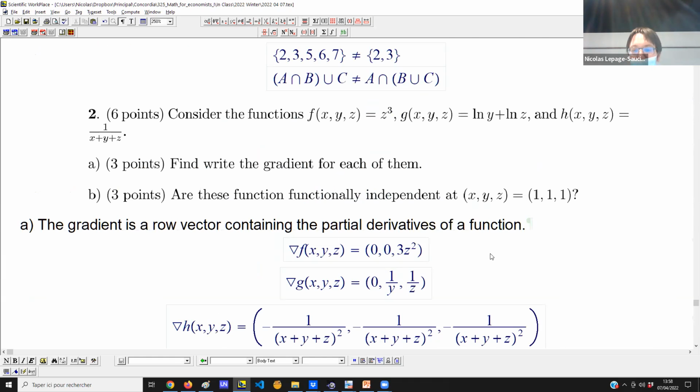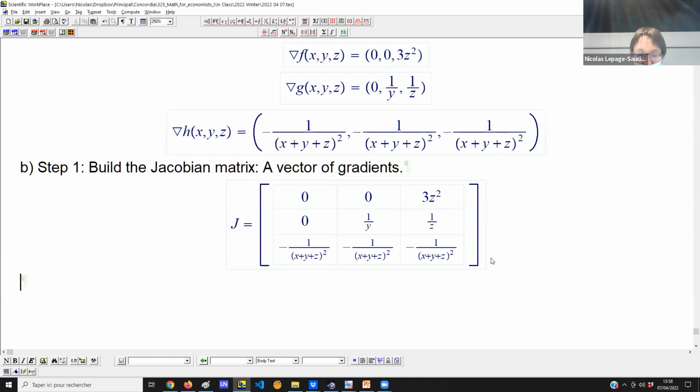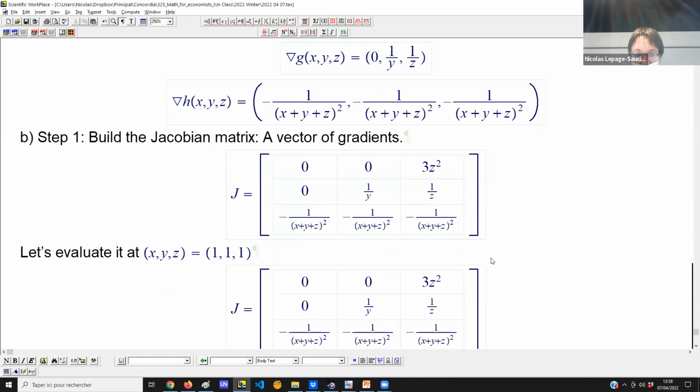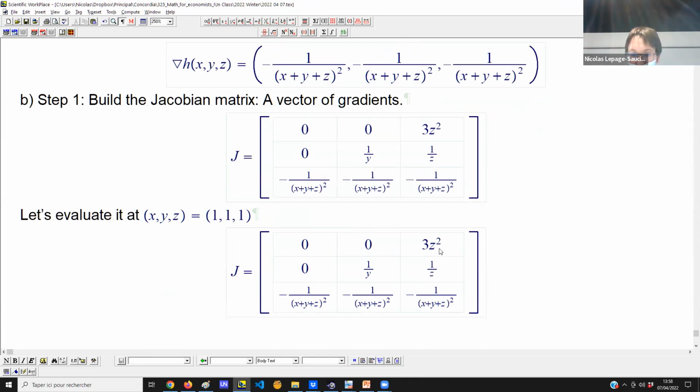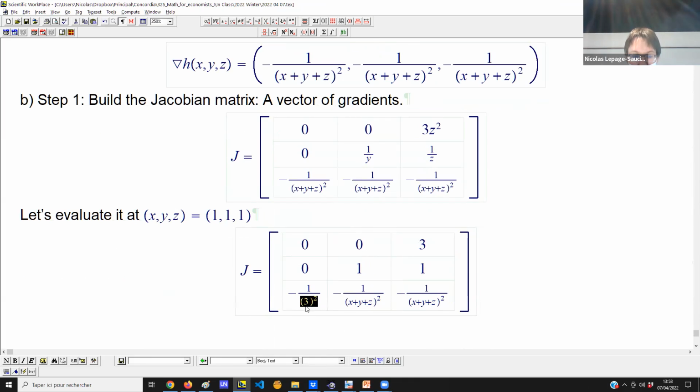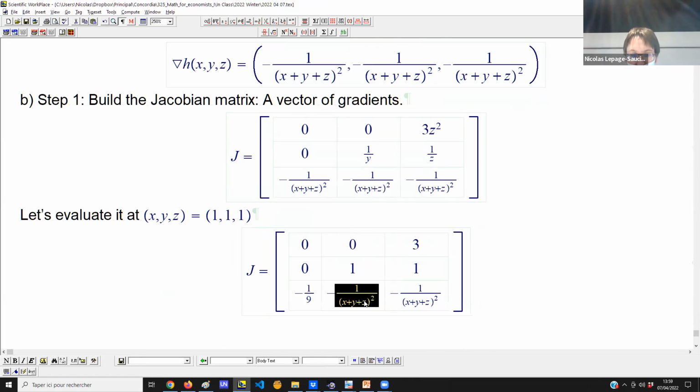So the question is, evaluated at xyz equals 1, 1, 1, that's 1, that's 1, 1/3 squared, so 1/9, 1/9.